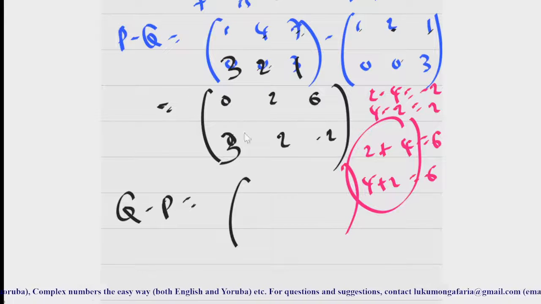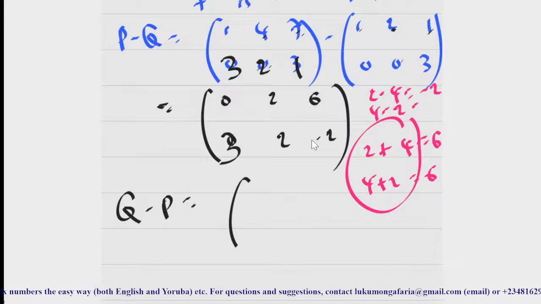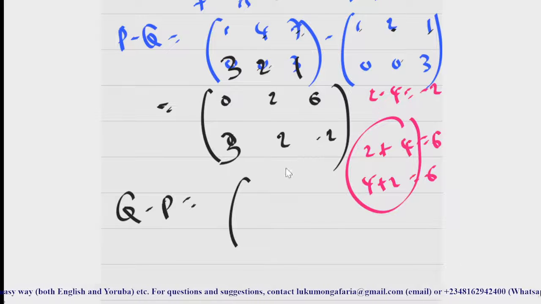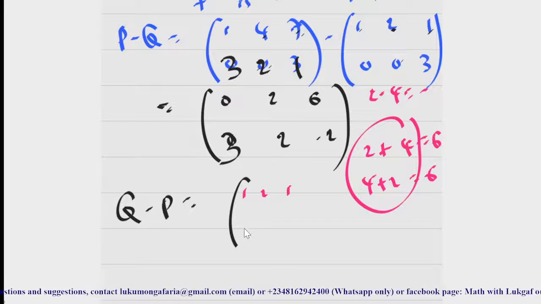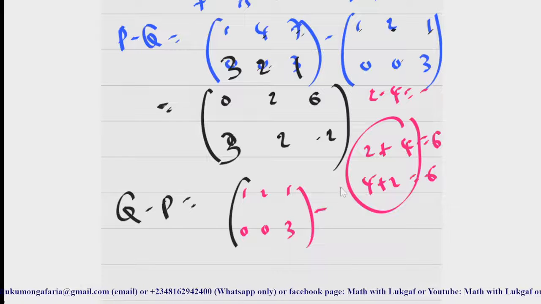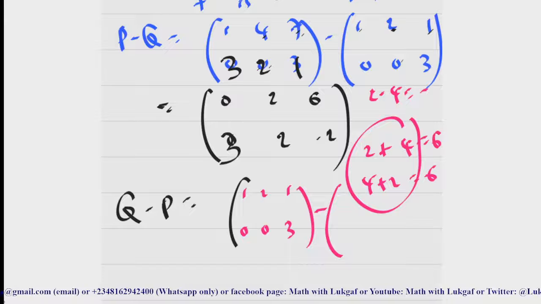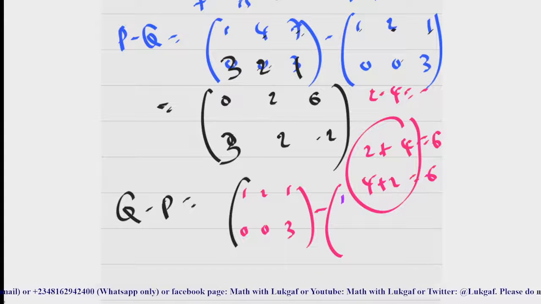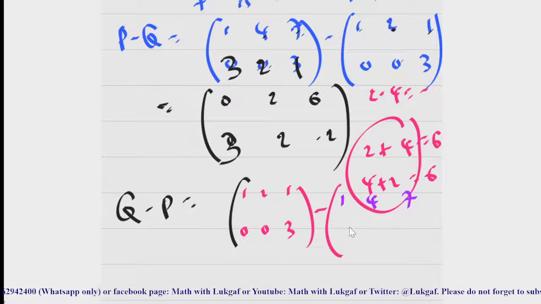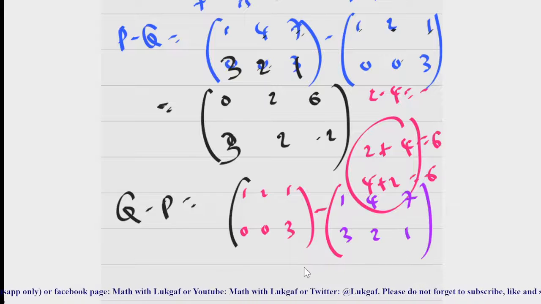Now Q minus P, let me write it in such a way that they are close to each other. So my Q is 1, 2, 1, 0, 0, 3 minus, okay, now let me change my marker, 1, 4, 7, 3, 2, 1. All right.